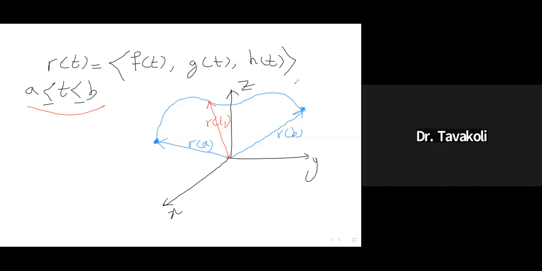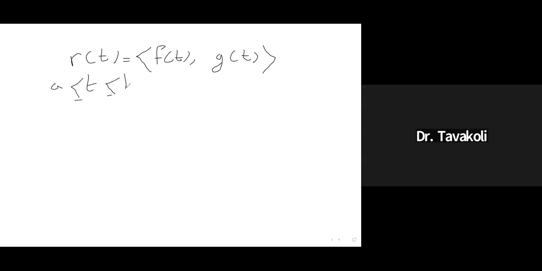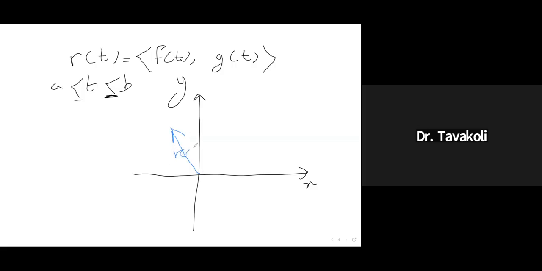Of course, if instead of the three-dimensional case, I have the two-dimensional case, suppose I have r(t) equals f(t) and g(t), and t runs from a to b. We don't need a z-axis, just x and y. Suppose at a, we have this vector r(a).